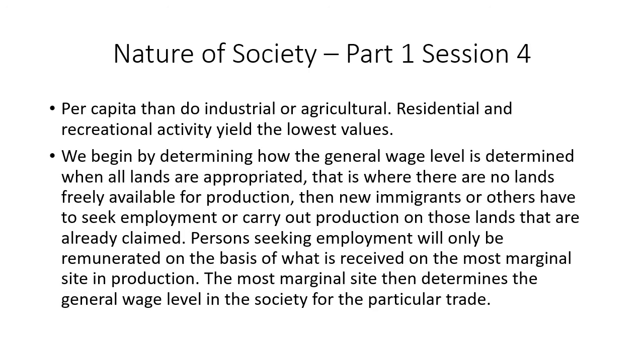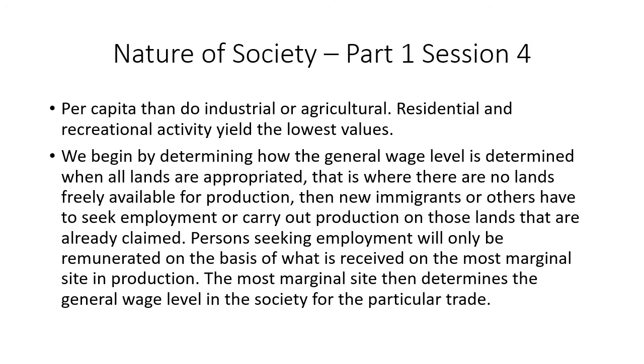We begin by determining how the general wage level is determined. When all lands are appropriated, that is, where there are no lands freely available for production, then new immigrants or others have to seek employment or carry out production on those lands that are already claimed. Persons seeking employment will only be remunerated on the basis of what is received on the most marginal site in production.